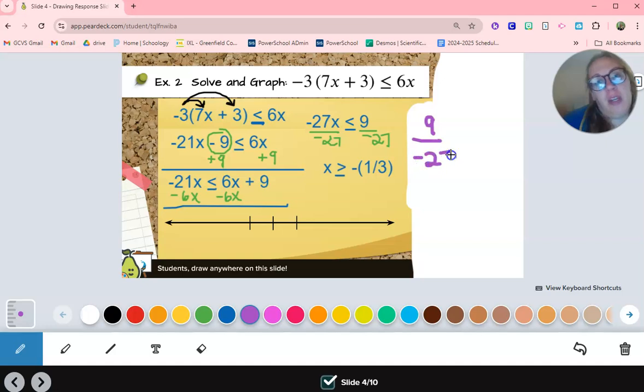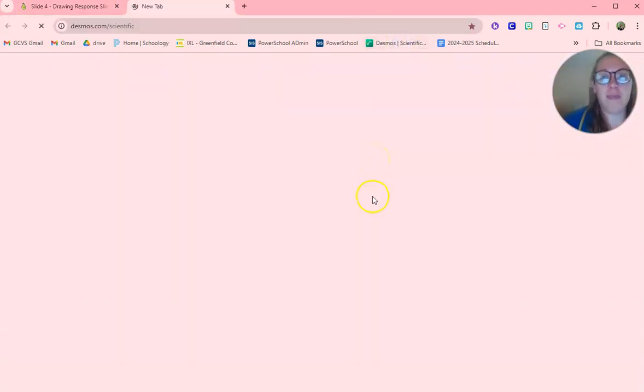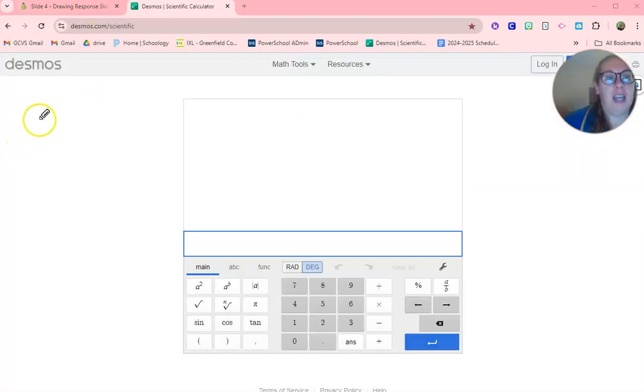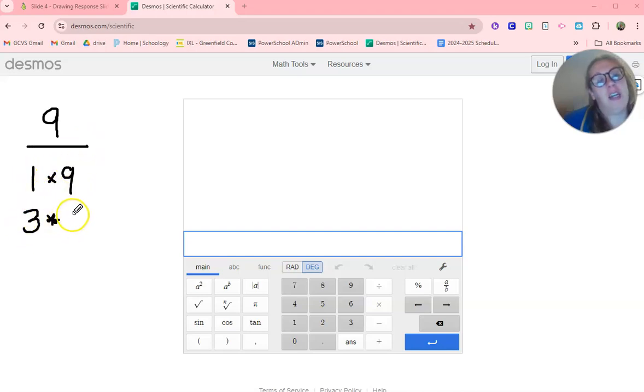a -27. So to reduce this fraction, to simplify it, we want to find a number that goes into 9 and into 27. Now I know, if I go to my calculator, that the numbers that go into 9 are 1 times 9 and 3 times 3.